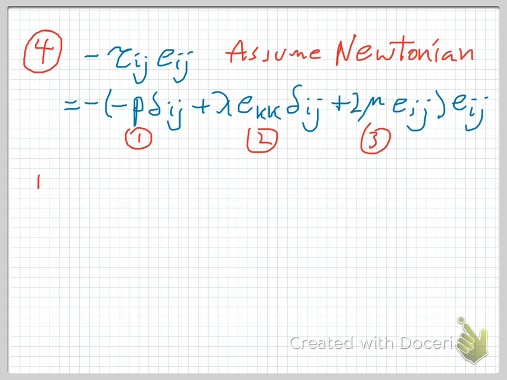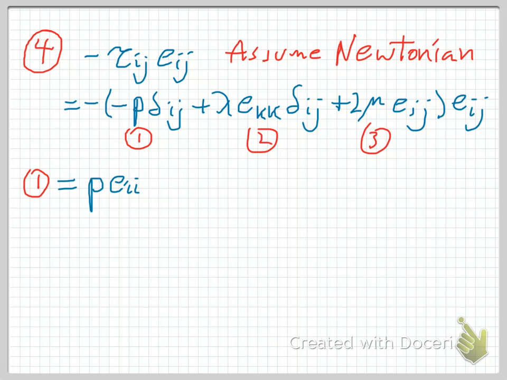Term 1 we'll look at first. It's just the pressure times the delta times Eij, and that's easy to work out. The minus signs cancel. We have the pressure times, say, Eii, sum over the dummy index. So pressure times divergence.